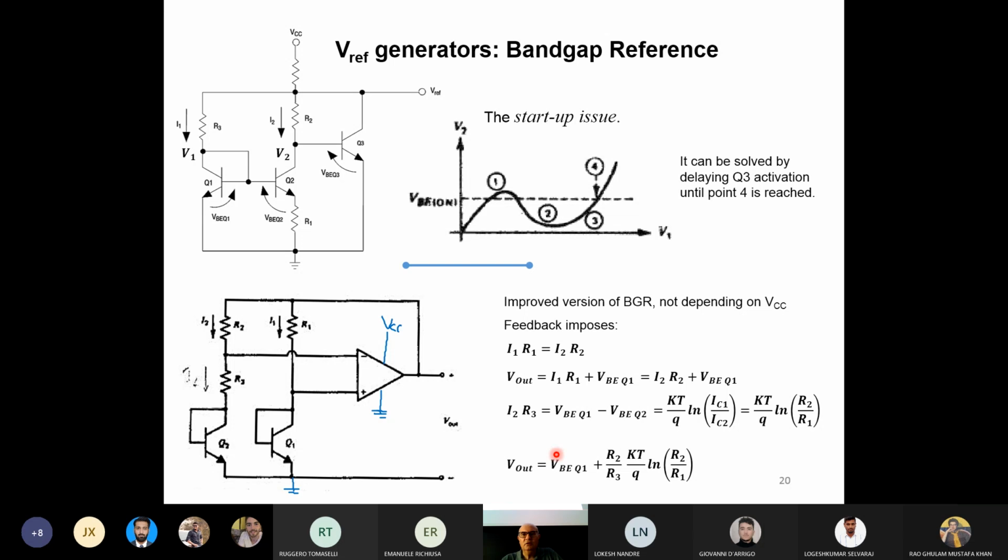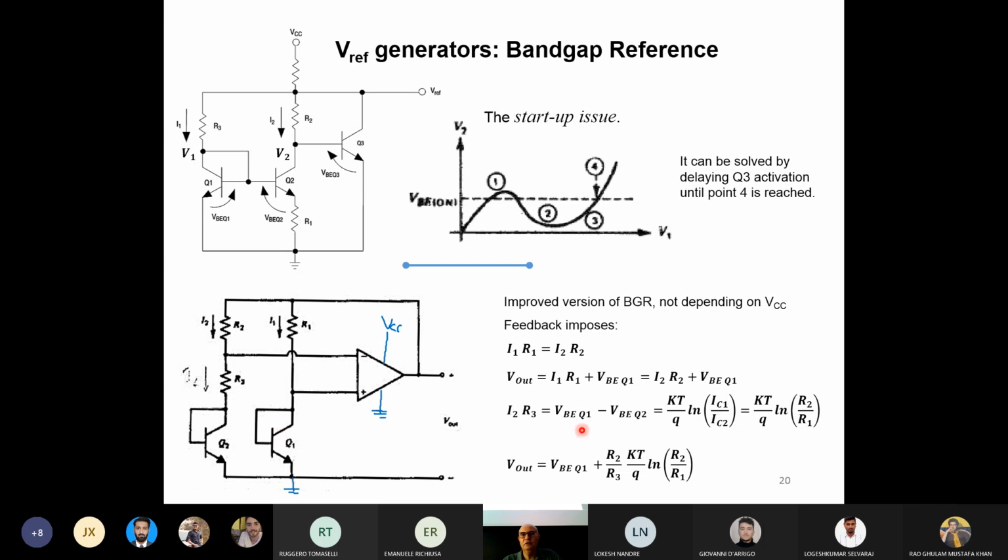And like that. So now we want to calculate how much is I2 R3. How much is I2 R3? Well, due to the fact that the voltage in this node is the same as the voltage on this node, we can see that the difference between this point and that point of R2 is simply the difference between the two VBs of the two transistors.